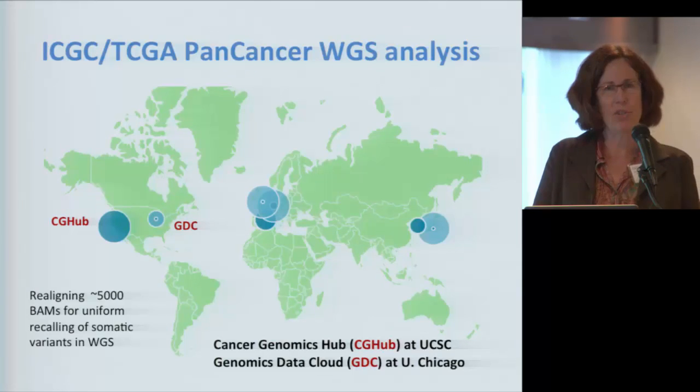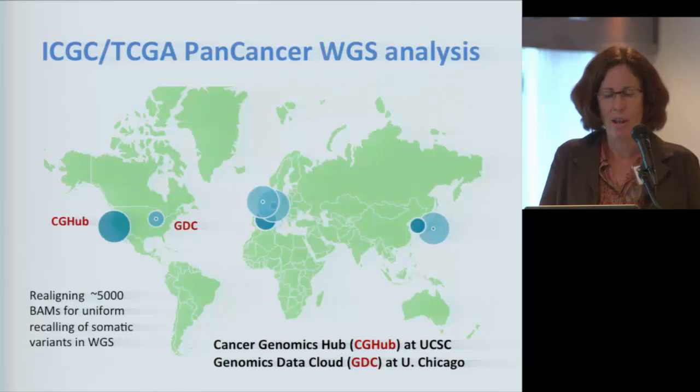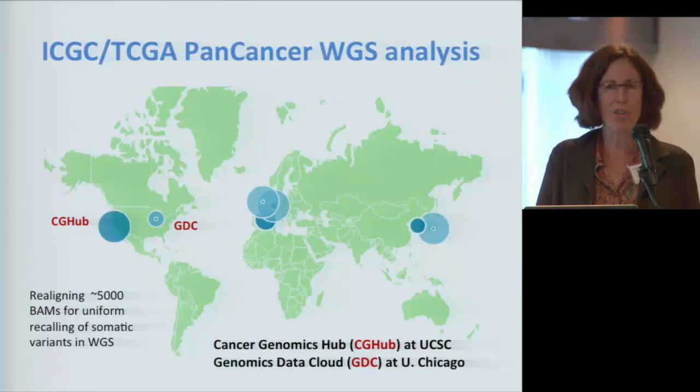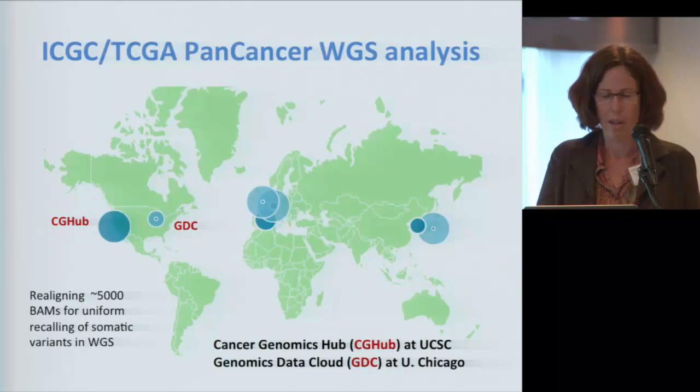Currently, these two partners are involved in a large international collaboration with other genome data and cloud centers, 3 in Europe, EBI, Barcelona and Germany, and 2 in Asia, in Korea and Japan.